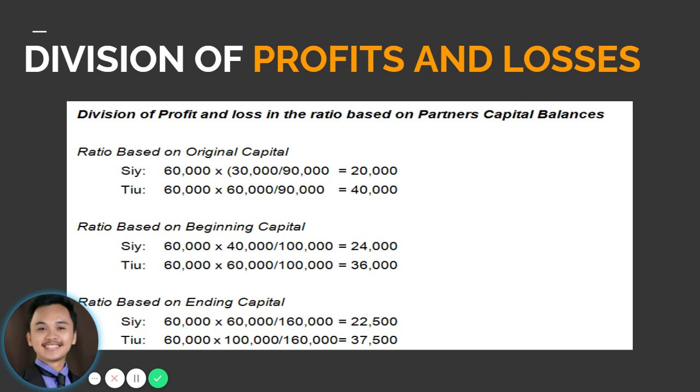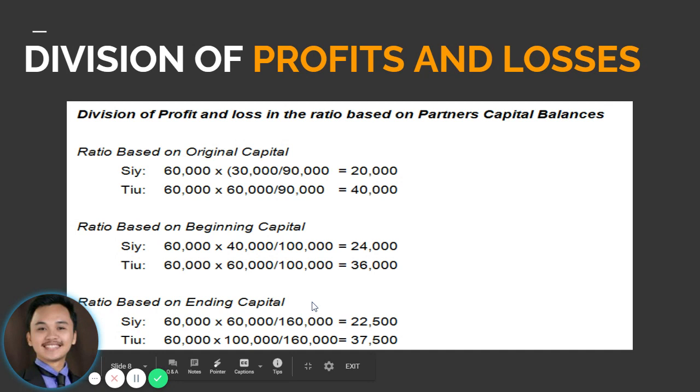So 40 plus 60,000, that's 100,000 for your denominator. So 40 over 100 times 60,000, that's the share for C, 24,000. And for Chu, we have 60 divided by 100,000 times 60,000, so the share of Chu in the partnership profit will be 36,000.